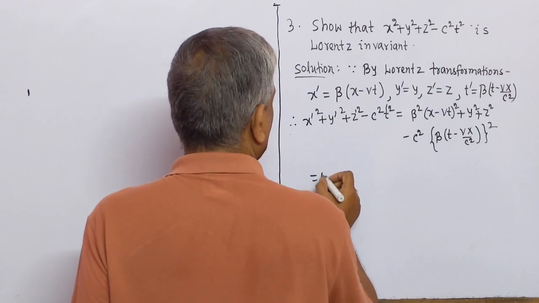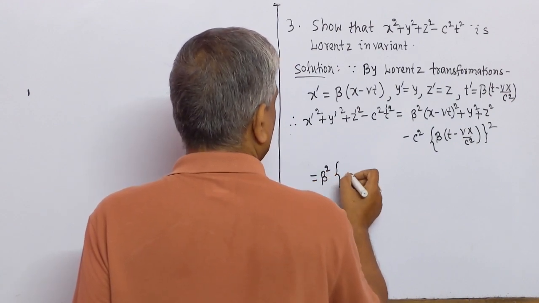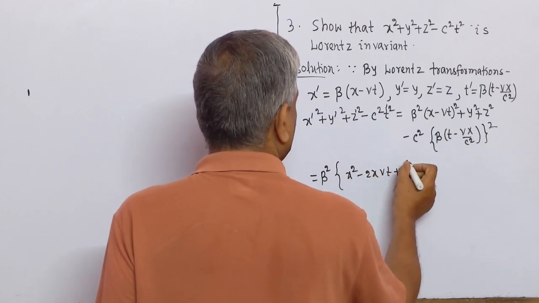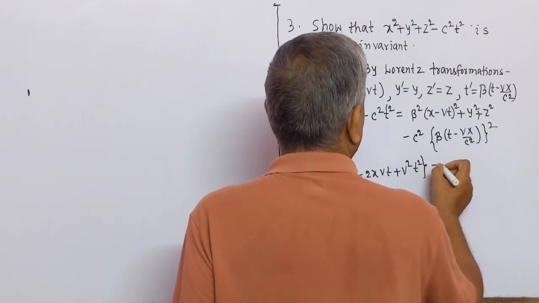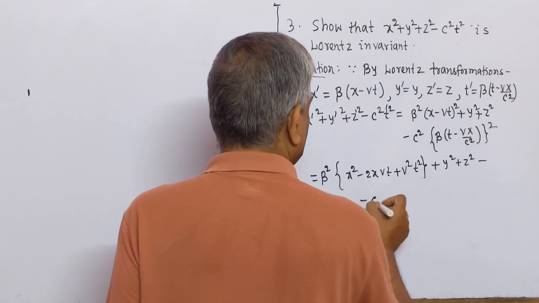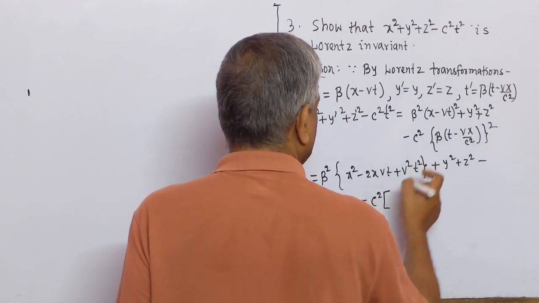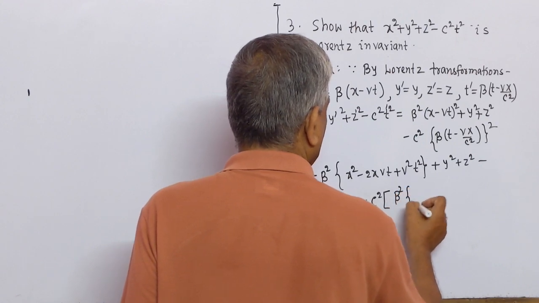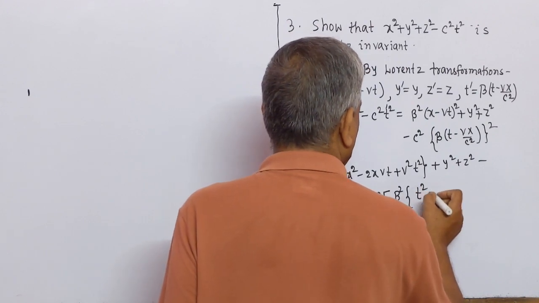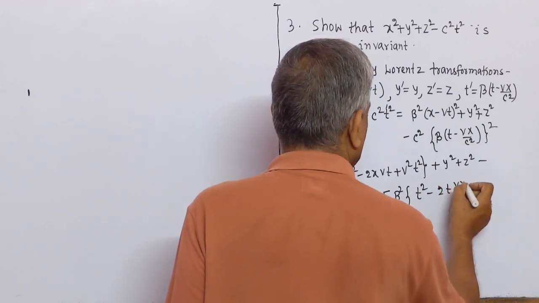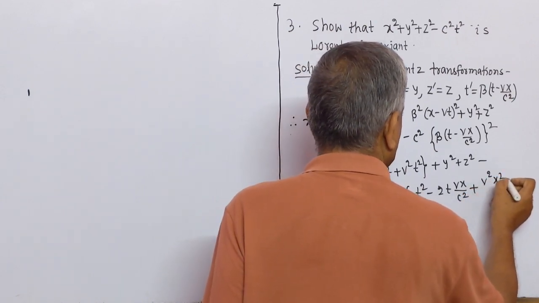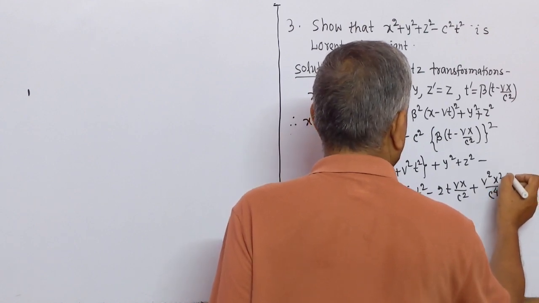This equals beta square x square minus 2x vt plus v square t square, plus y square plus z square, minus c square. Here beta square times t minus vx by c square whole square means t square minus 2t vx by c square plus v square x square by c to the power 4.